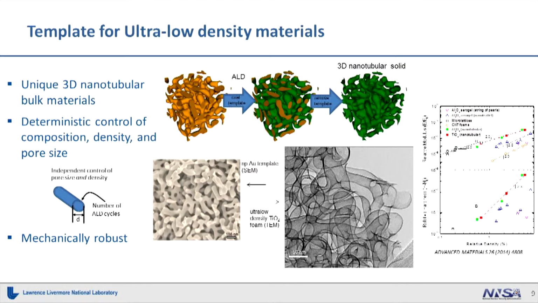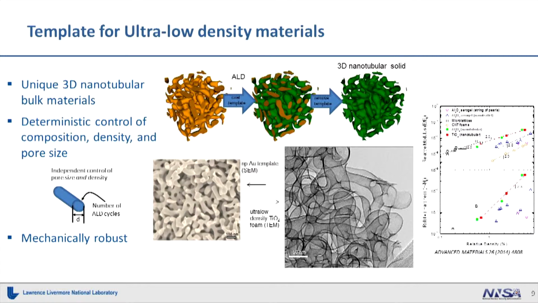It's a nanotubular material and we can have a lot of control over the feature size and the thickness of the material. So we're starting with nanoporous gold, apply coatings with atomic layer deposition, and then etch out the core. And what's left is, as you can see in the TEM picture in the center of the slide, the nanotubular, very unique morphology.